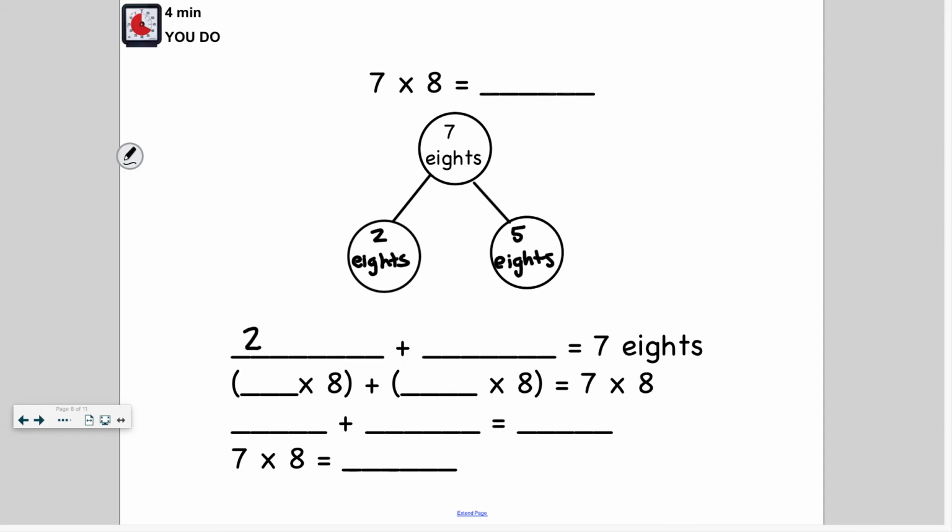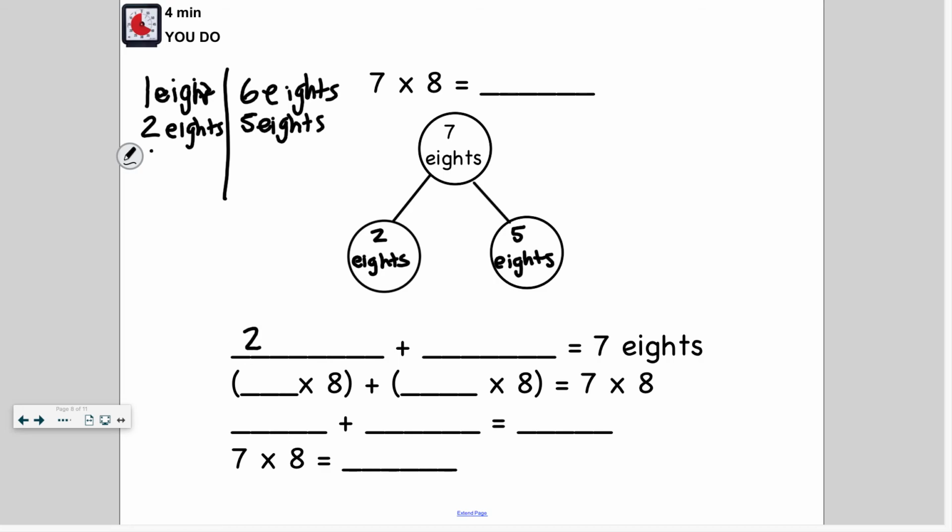So possible options are 1/8 and 6/8. So I'm just going to write out the list in case you don't have the one that I did. Like I have 2 and 5. That's another option. 2 and 5/8. You could do 3 and 4.